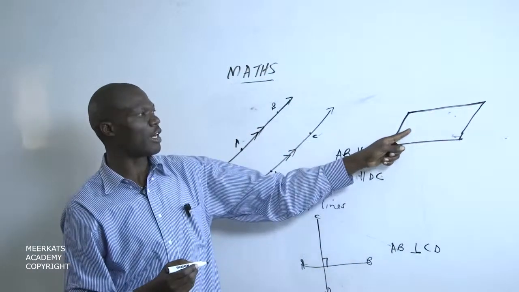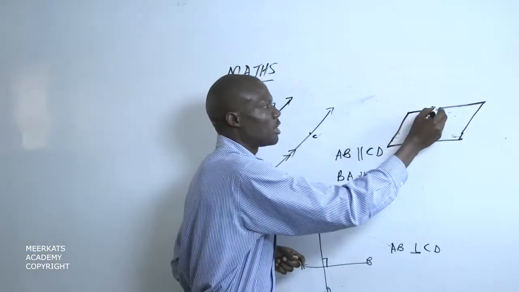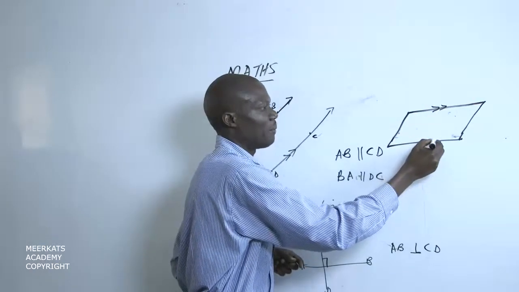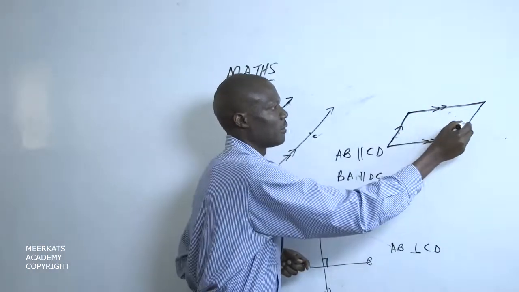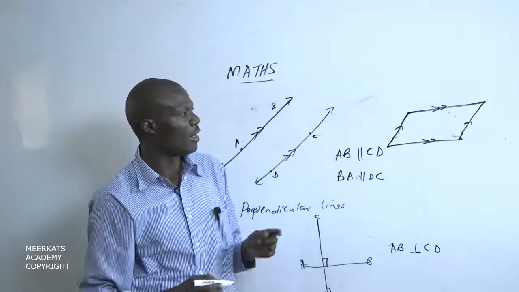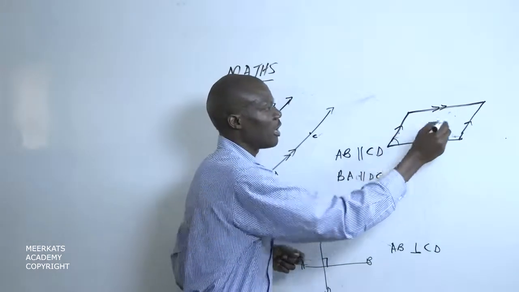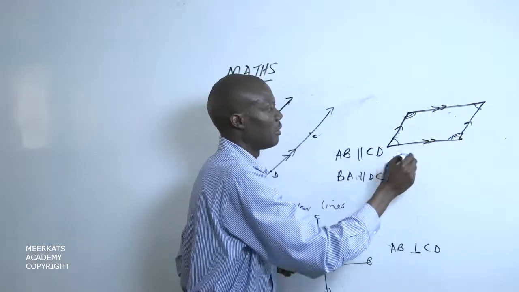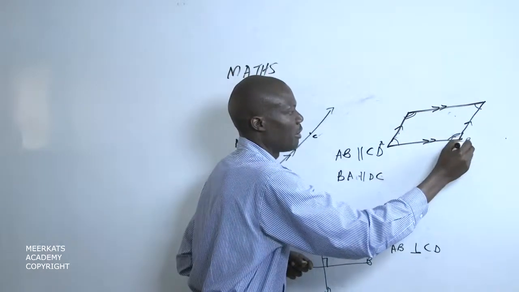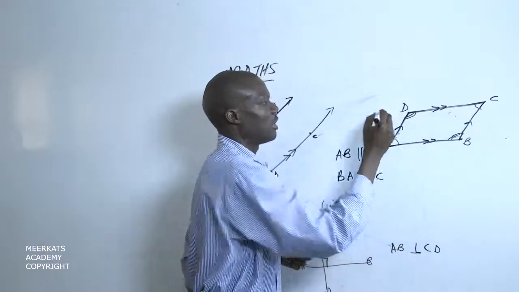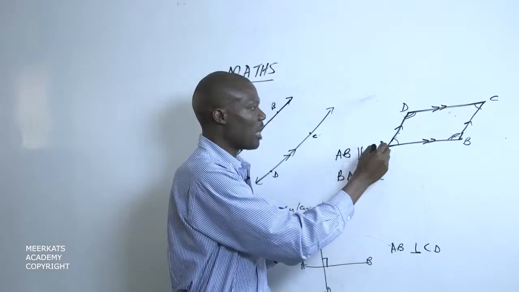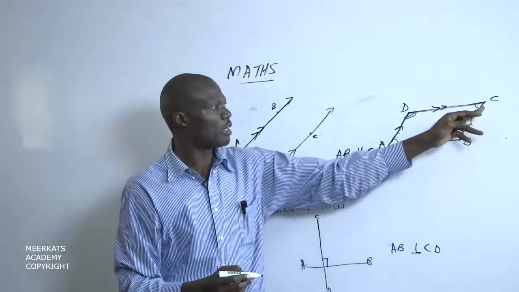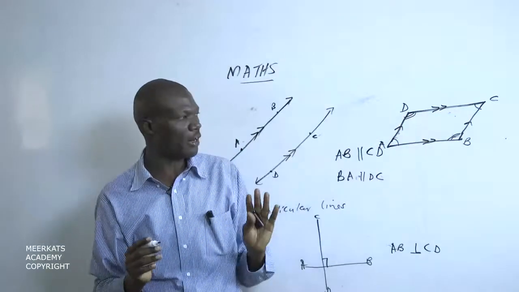In this figure, the two opposite sides are parallel. The two opposite angles are equal. So we have A, B, C, and D. So the figure that we have, ABCD, is a parallelogram.